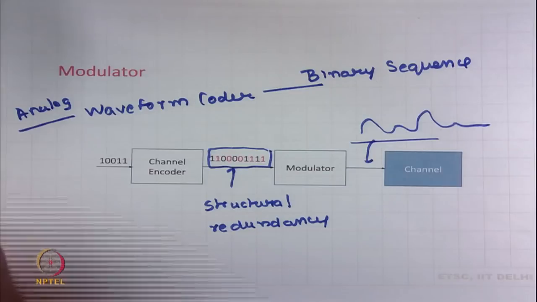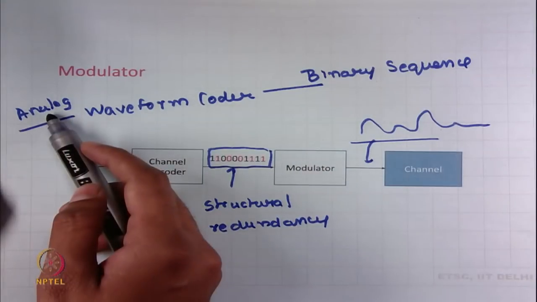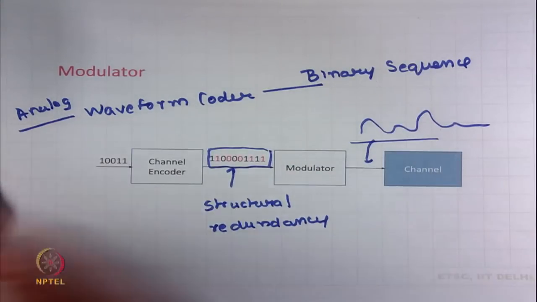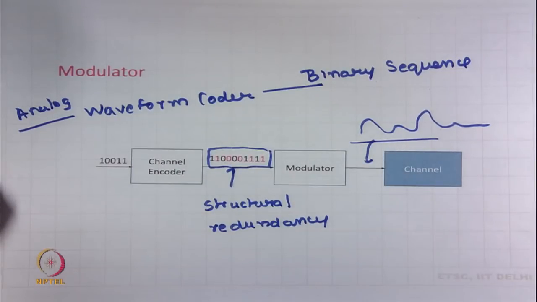As we have already introduced in the first lectures, first we have the waveform coder, which converts the analog waveform into a binary sequence, and the job of the modulator is to convert this binary sequence back into waveforms.